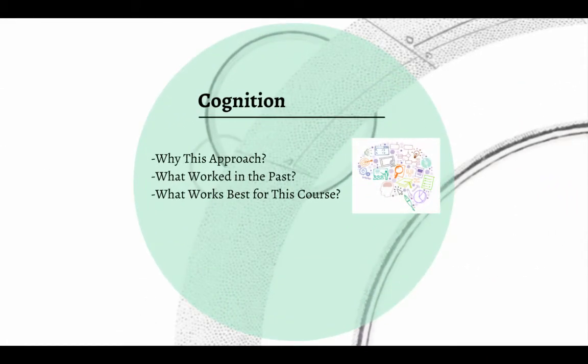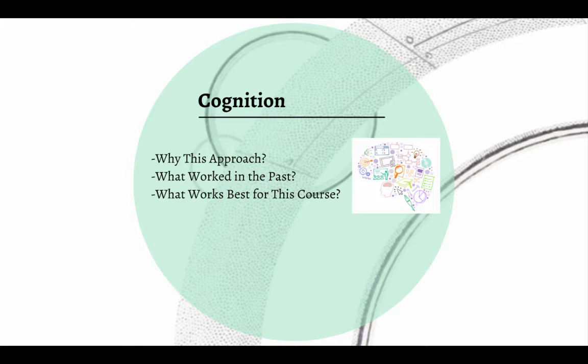First, take a look at your own cognitions. Before you narrow down your list of instructional design models, you should ponder one very important question. What makes the approach I'm looking at accepting stand out from the others? In most cases, personal beliefs, opinions, and experiences play a crucial role in that determination.